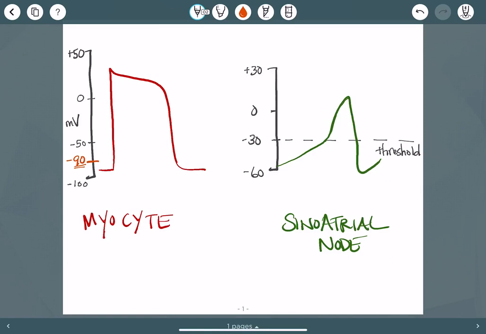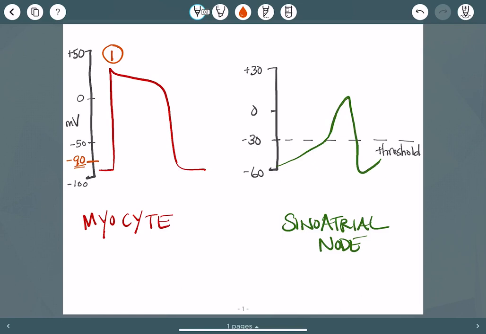In your picture on your notes, this big first spike is labeled as a 1. The 1 is when you reach the threshold to open fast sodium channels and positive sodium ions rush into the cell. It's going to very, very quickly change the resting membrane potential to become very positive.